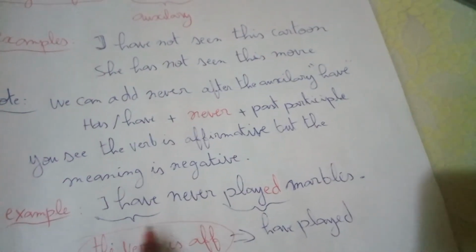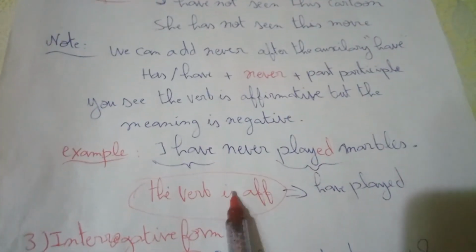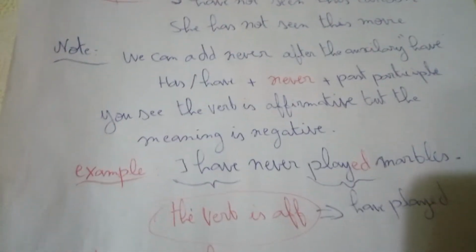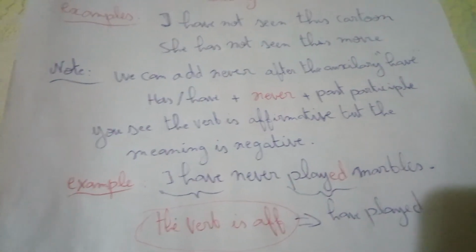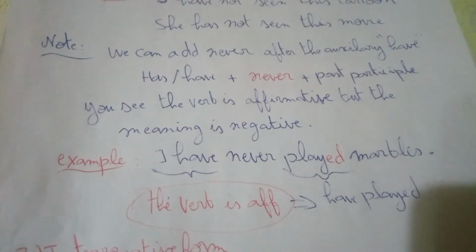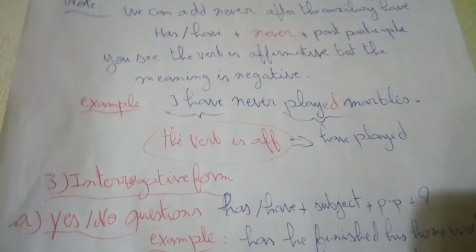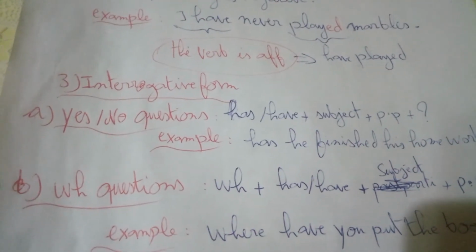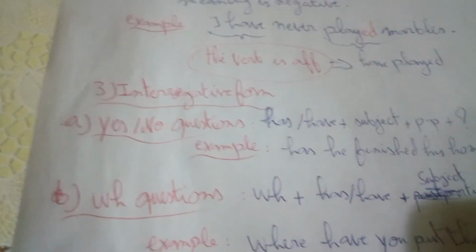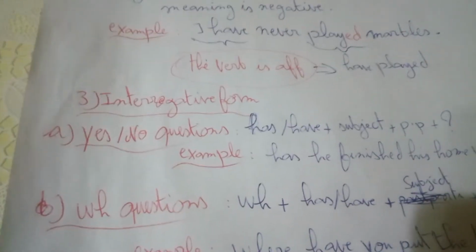Here the verb I have played is affirmative, but when I say I have never, jamais, played marbles, the meaning is negative. Is it clear?